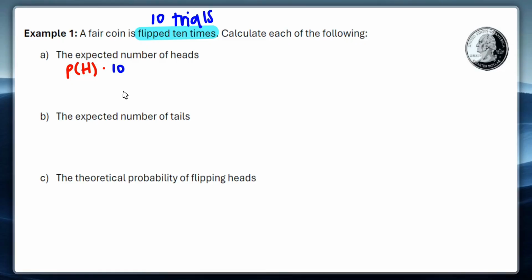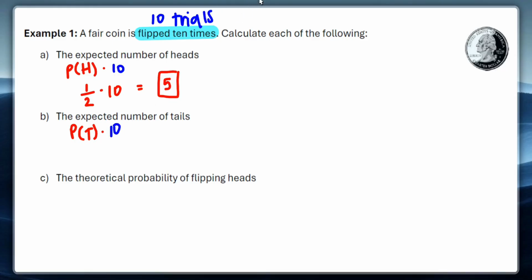If we're looking at a coin, we understand that the probability of getting heads is 1 over 2. If we multiply that by 10, that gives us the expected value for 10 coin flips. This lets us know that 5 of those flips theoretically should result in heads, right? Which makes sense, half of those flips should be heads. The expected number for tails follows the same idea. We're looking at the probability of tails times the number of trials, which is 10 coin flips.